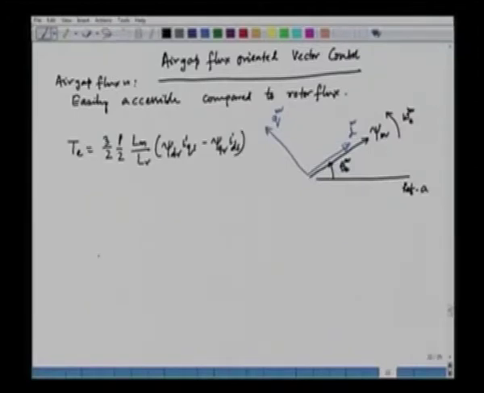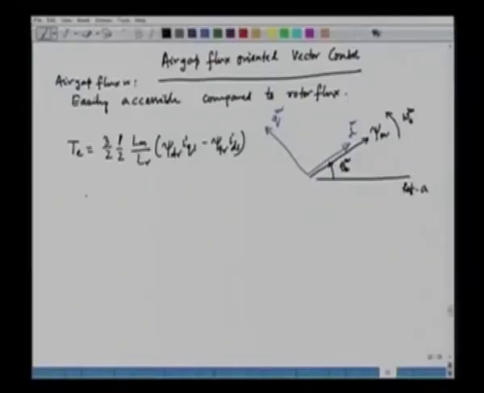Now, this was the equation that we used for rotor flux oriented vector control. Now, if we simplify this equation, we can also derive this equation in the following fashion. If we simplify this, we can have 3 by 2 P by 2 psi ds into IQS.